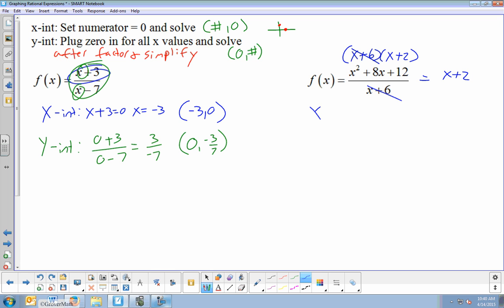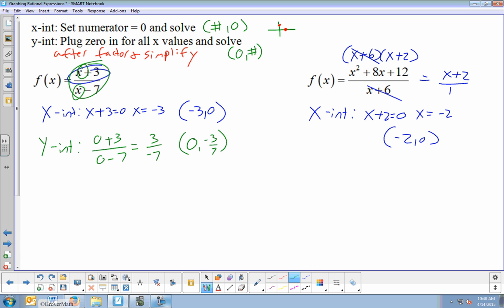All right, and now to do the x-intercepts, I take the numerator, which is this, because this is really over 1. So the numerator is x plus 2. And I set it equal to 0 and solve. Gives me x equals negative 2, which gives me an intercept at negative 2, 0.